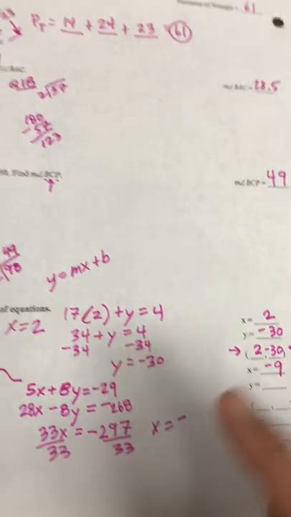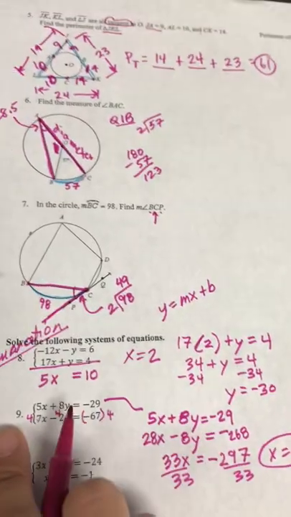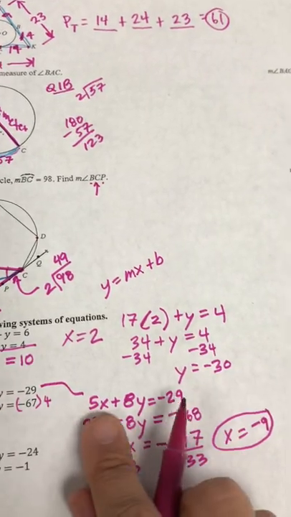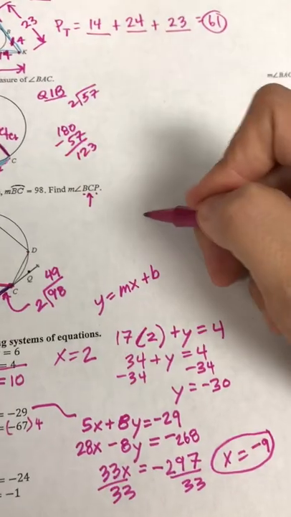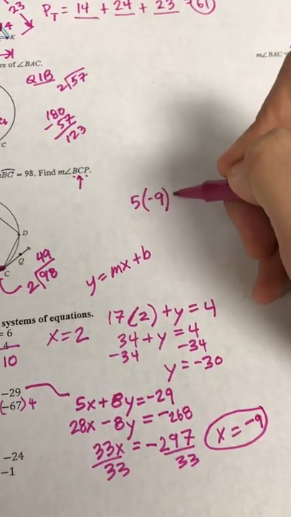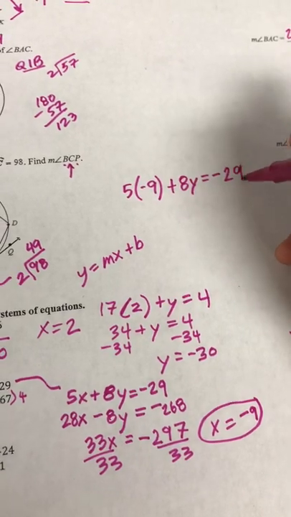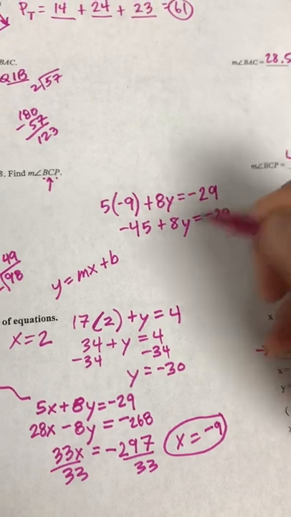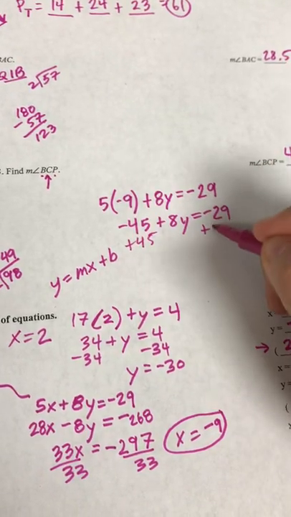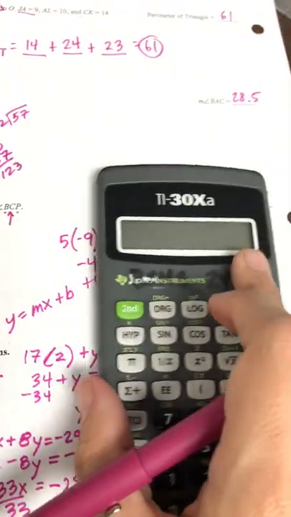Now something happened there. I solved one of the mysteries. So now using either equation, I find this one to be a little bit easier. I now can substitute negative 9 where I see the x. So 5 times the negative 9. And again, be careful with positives and negatives.